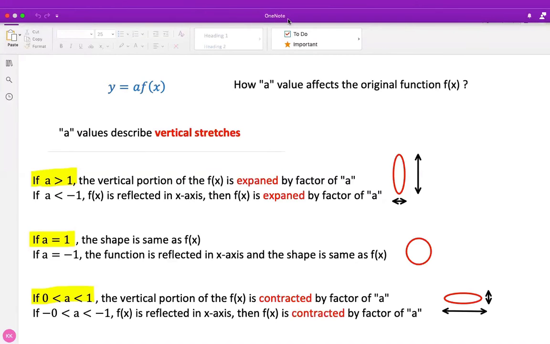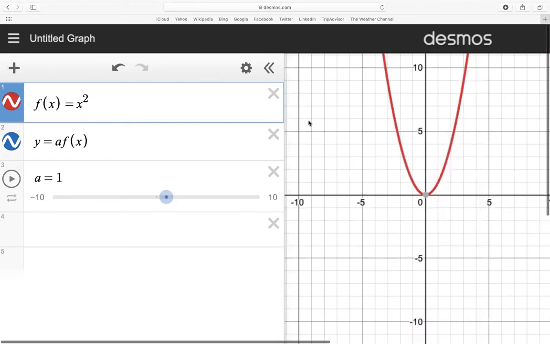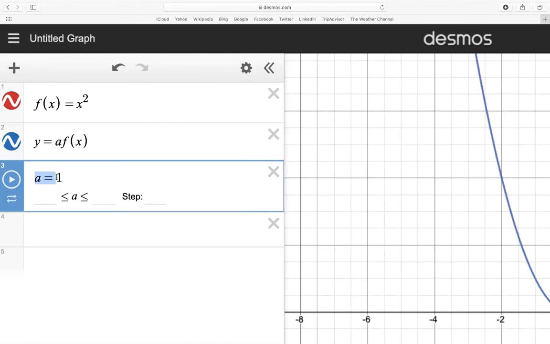I will use the graphing calculator to help you understand how the a value affects the original function. In this example, we have the original function f of x equals x squared, a basic quadratic function, represented by the red curve. The blue curve is the function y equals a times f of x, which depends on this a value.